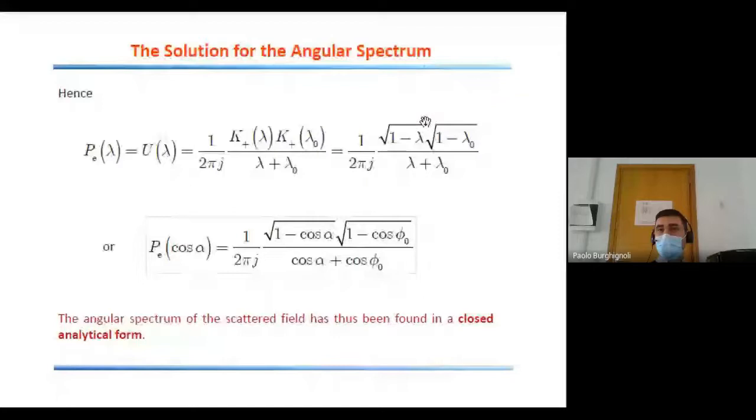Or if you prefer, the variable lambda, which was our initial angular variable in the plane wave spectrum. P of cosine of alpha is this function in the box.